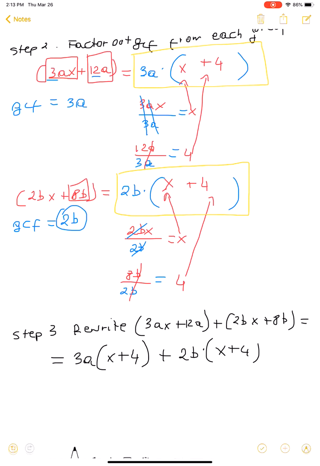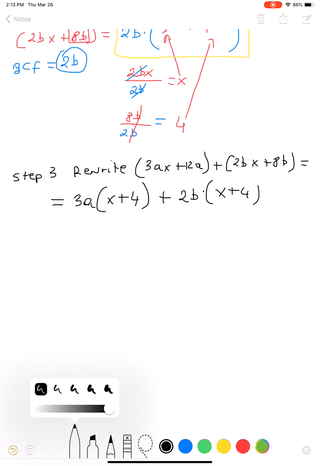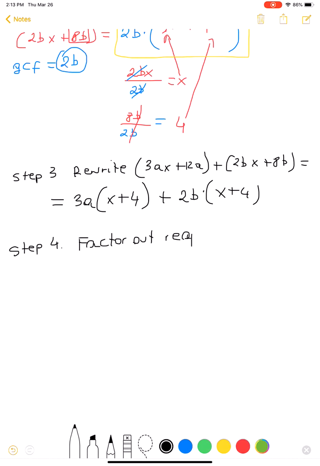Now in step 4, it should become a little simpler. Step 4: factor out the repeating binomial, the repeating group. Which group is repeating? x plus 4 repeats in both expressions.